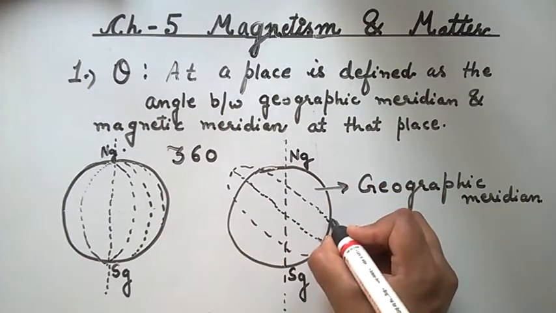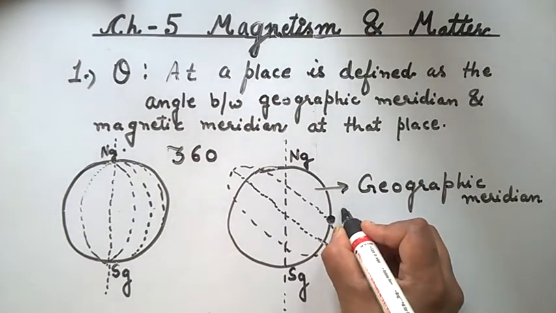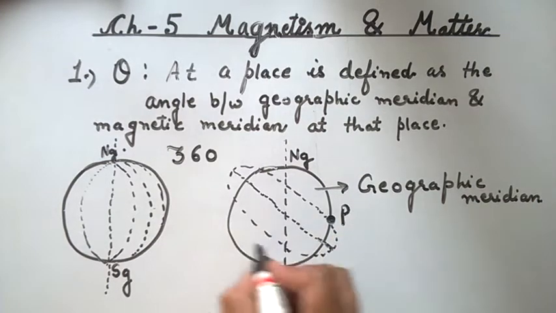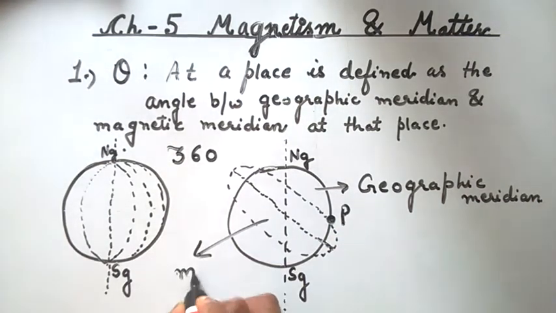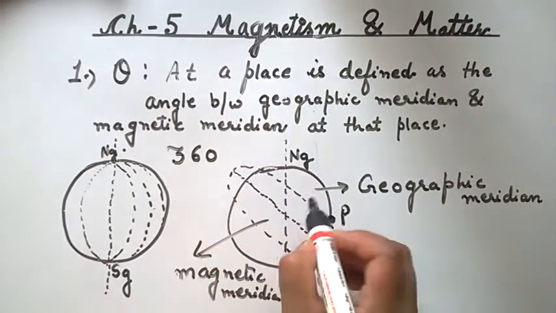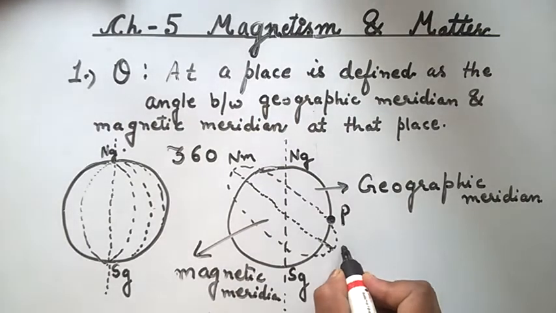And let us suppose we want to calculate the magnetic field at this point P, and this is magnetic north and this is magnetic south pole.